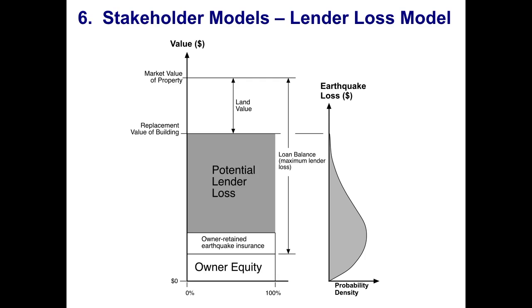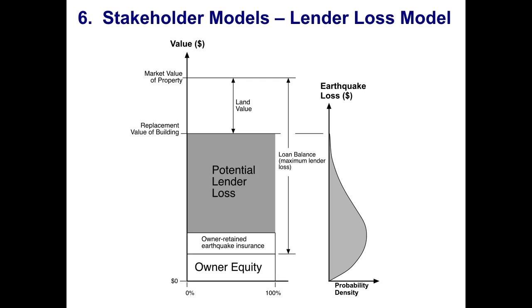The figure at right shows the earthquake loss for a particular building, say, and it has a probability density function, starting at the bottom at a zero loss and reaching some maximum value not exceeding the replacement value of the building. So that's the figure at right.